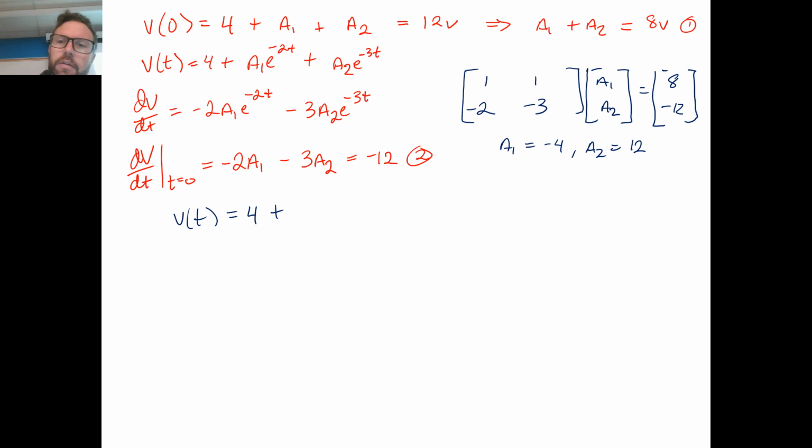A1 is actually 12, sorry about that, and A2 is negative 4. Okay, so we get 4 plus A1 is 12 e to the minus 2t, plus A2 is a negative 4, so actually I'm going to erase that plus. We're going to have a minus 4 e to the minus 3t, and that's all in volts.